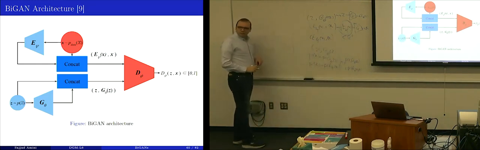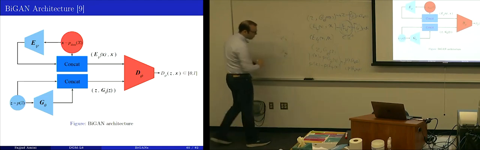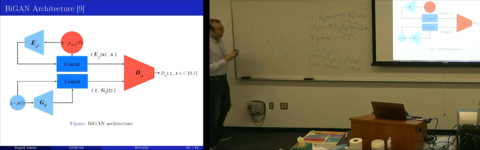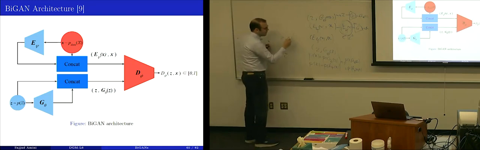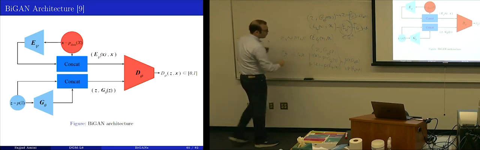You may have a simple example. Assume that I have a Gaussian vector with two elements, say z1 and z2. This z1 is coming from a normal distribution with mean 0 and variance 1, and z2 from mean 0 and, for example, variance 2.